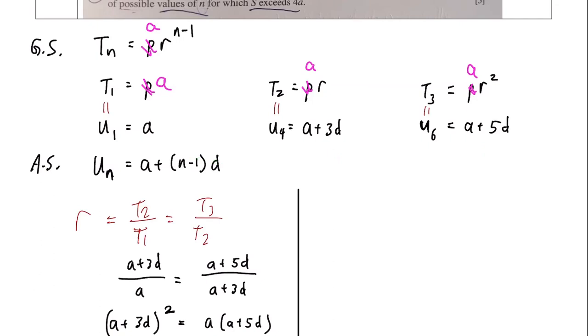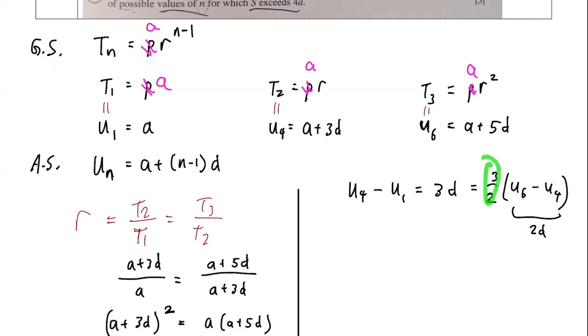So that means that if I take u4 and subtract away u1, I get 3D, which equals u6 minus u4 scaled up. That will give me 5 minus 3, which is 2D. So I need to times 3 over 2 here to scale it back up to 3D.